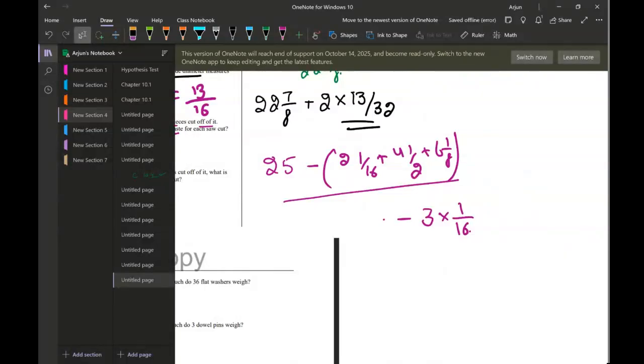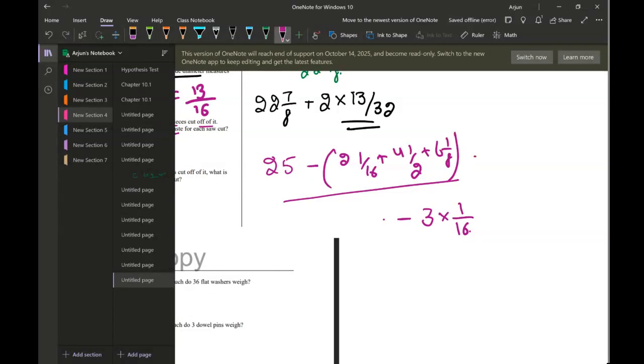25 minus, start the bracket, 2 ABC 1 ABC 16 plus 4 ABC 1 ABC 16 plus 6 ABC 1 ABC 8.